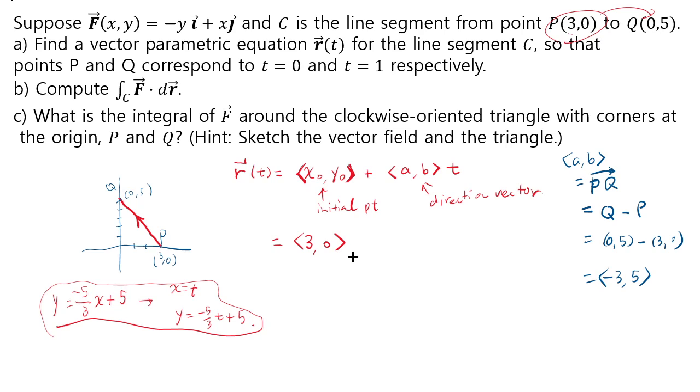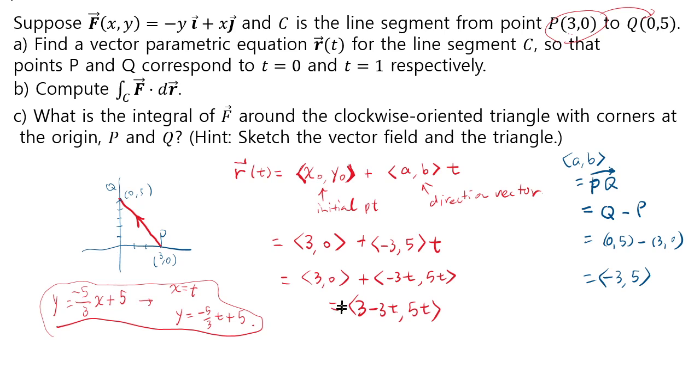Okay, so that's our direction vector. That gives us 3, 0 plus negative 3, 5 times t, which is 3, 0 plus negative 3t, 5t, and then you add, that's 3 minus 3t comma 5t.